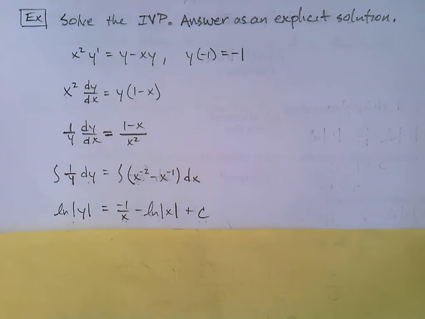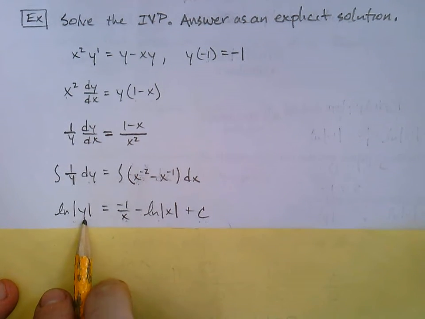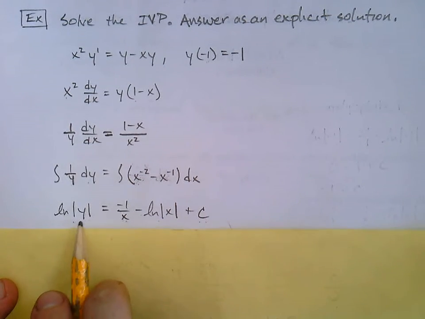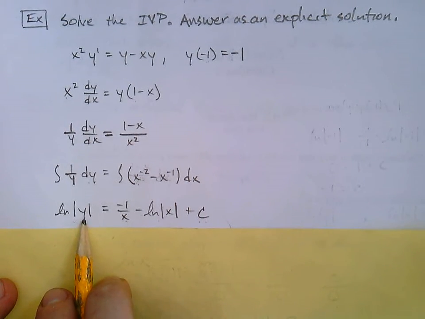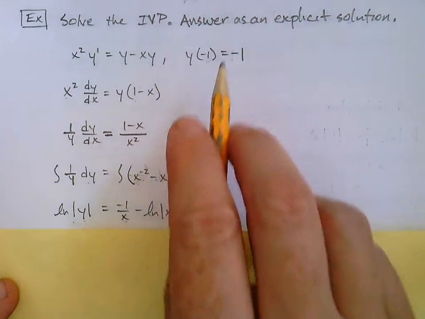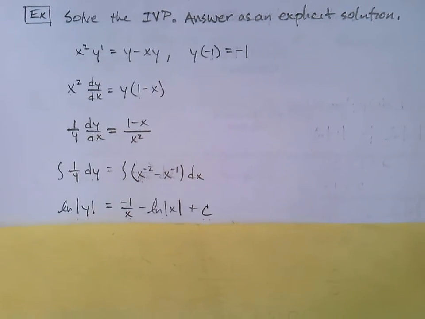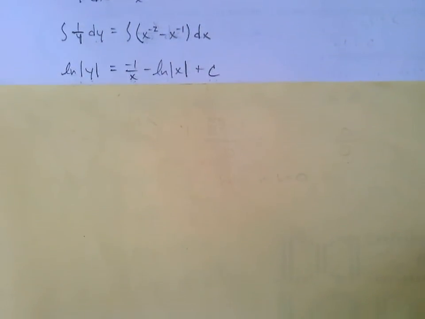Another way is to do it the other way around. Just try to solve for y as it is here, and then once you have the explicit solution, go and use your initial condition and find the c in that newly rewritten explicit solution. That's actually the way I'm going to go about it. However, you could easily change the order at this point of the problem. It's personal preference.